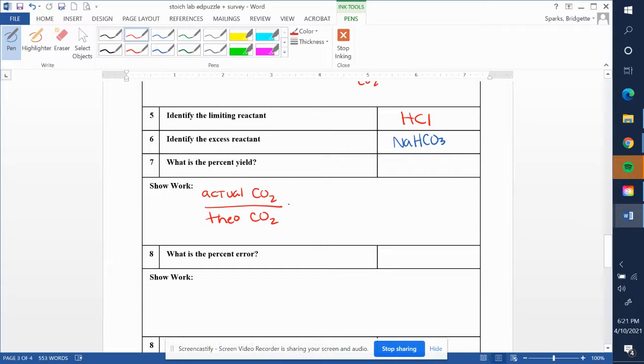And then we multiply that by 100 to turn it into a percent. So in this case, we actually made in lab 1.3 grams of CO2 when we should have made only 1.18 grams. Now you're going to see, oops, I have an equals, I should have a multiply.